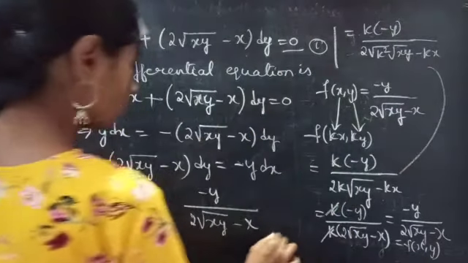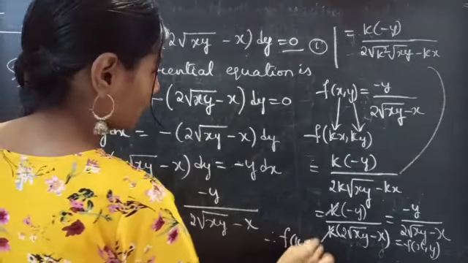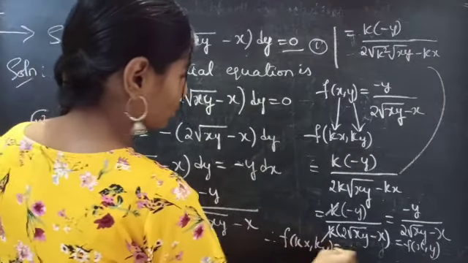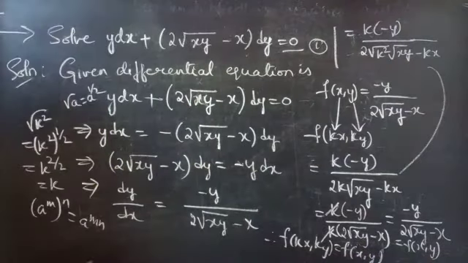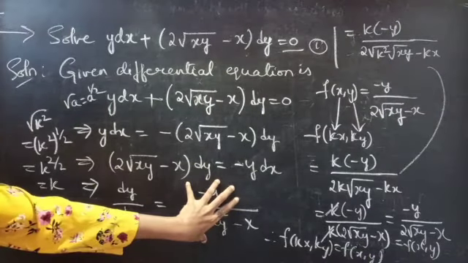So therefore, f of kx, ky equals to f of xy. From this we can say that this function is a homogeneous function.